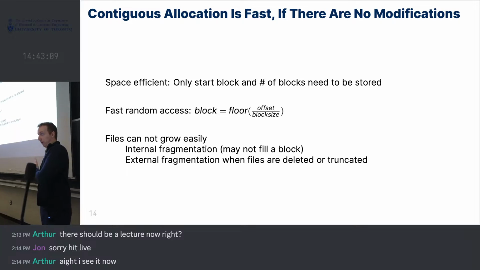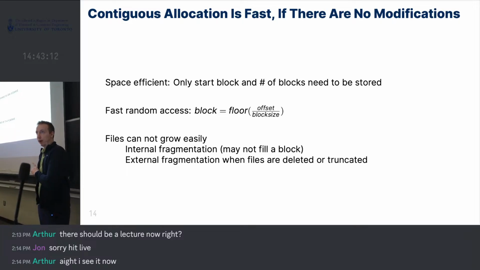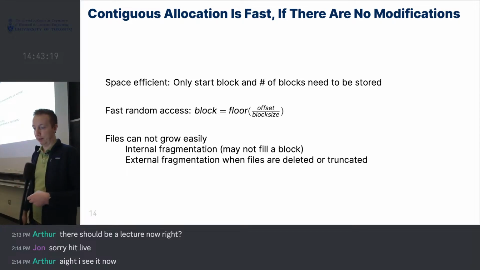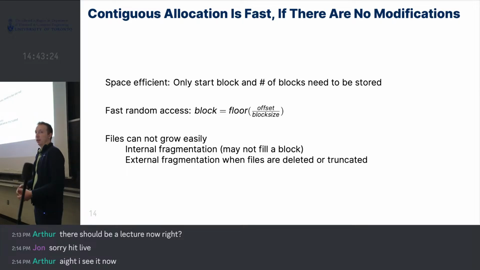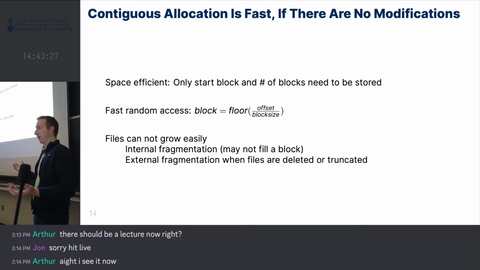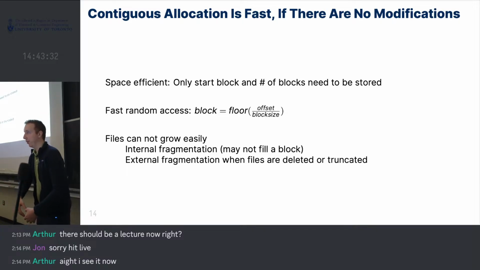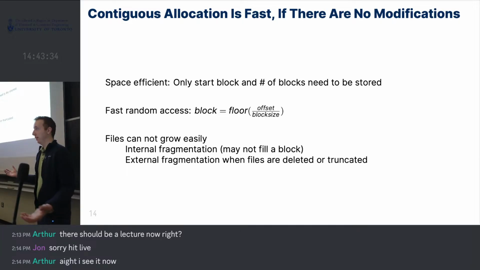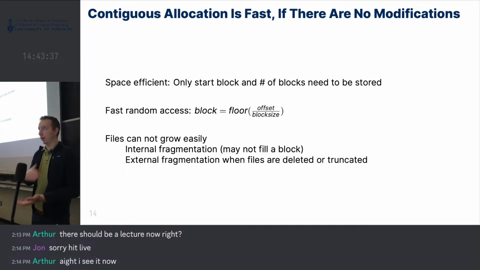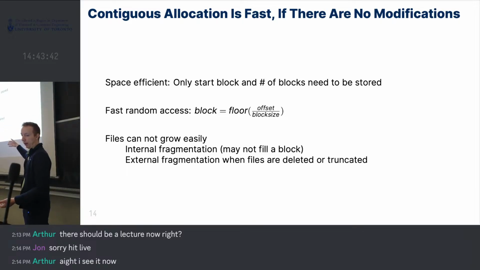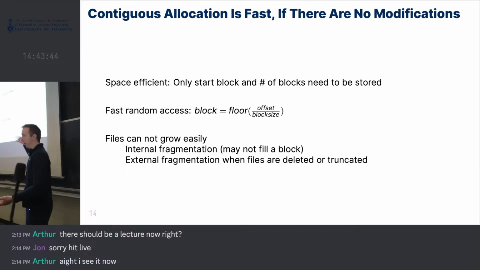The system is going to be really fast though, because it's really easy to describe a file. Everything is all in a row, and you don't need much information, just the starting block and the size of it. We also have fast random access, because no matter where I'm trying to access in the file, since I know where it starts, say I want to access byte 10,000, if I know where byte 0 is and they're all in a row, I can know what block byte 10,000 is at.